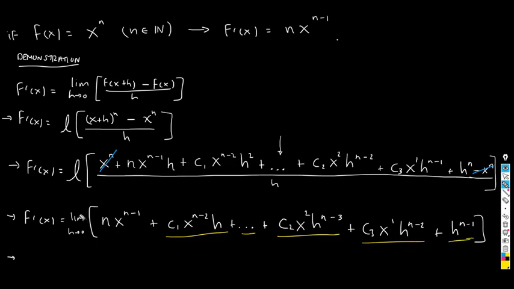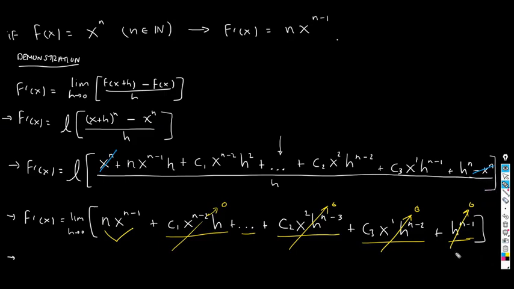So when we evaluate this limit at h equals 0, this term is going to go to 0 because you have h in here. Whatever times 0 is going to be 0. Whatever times 0 is going to be 0. All of these terms are going to be 0 because of the same fact. And everything is going to disappear except this term. This is the only term that is going to remain alive.